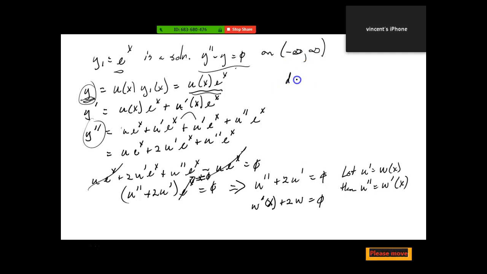This is dw/dx plus 2w is equal to 0. Guess what? That's separable. dw/dx is equal to minus 2w. You just subtract 2w from both sides of the equation.